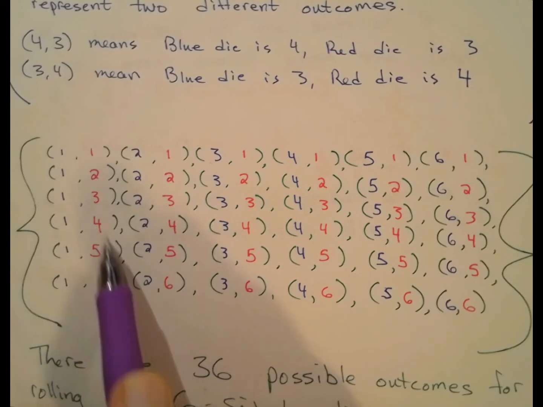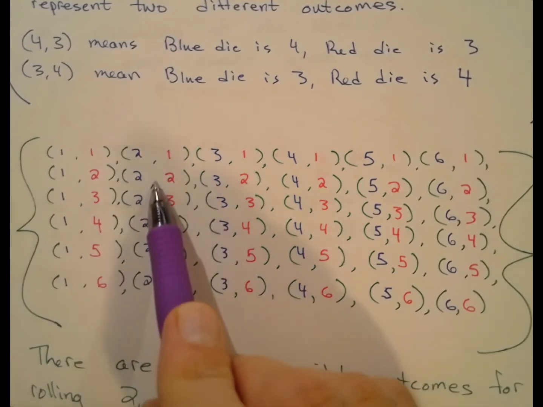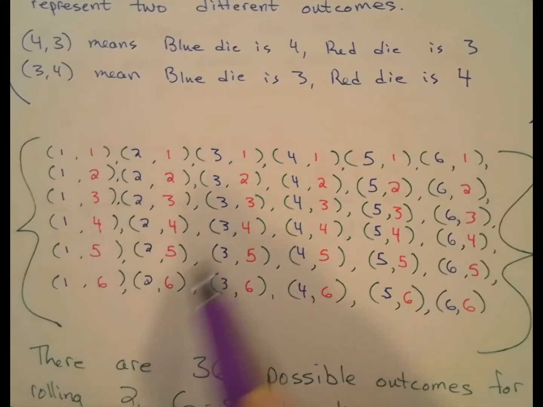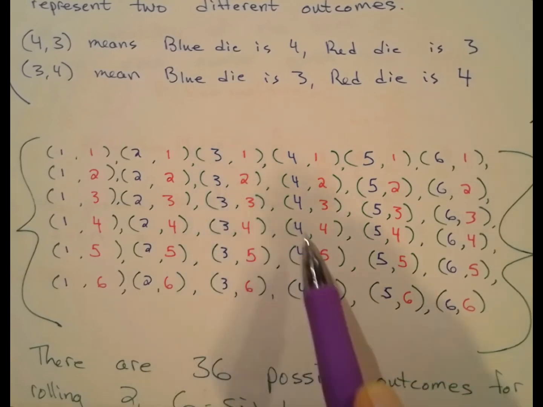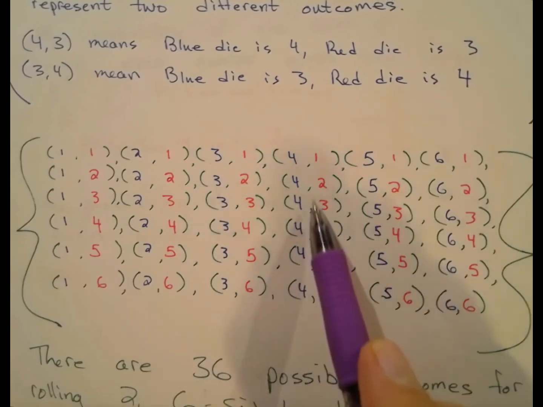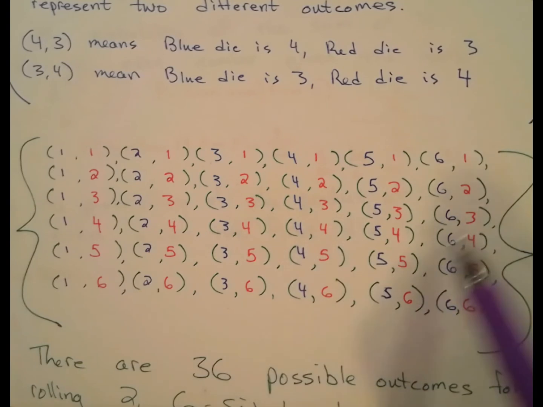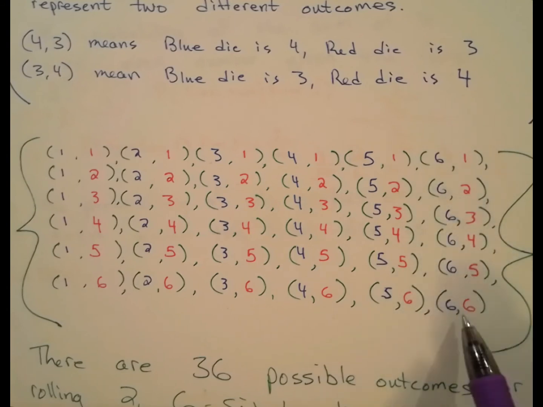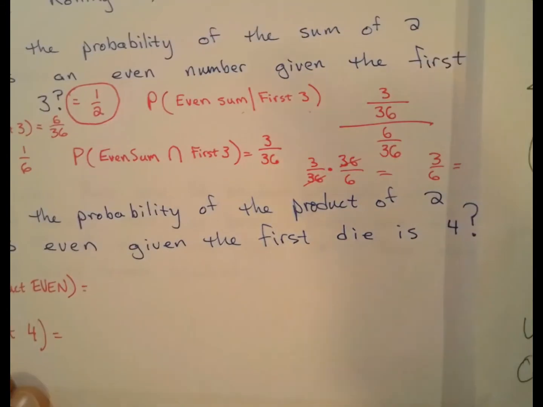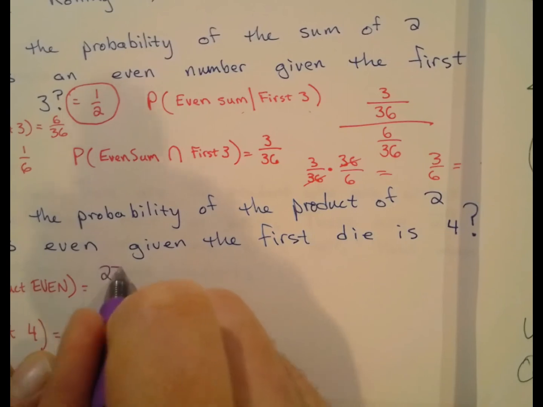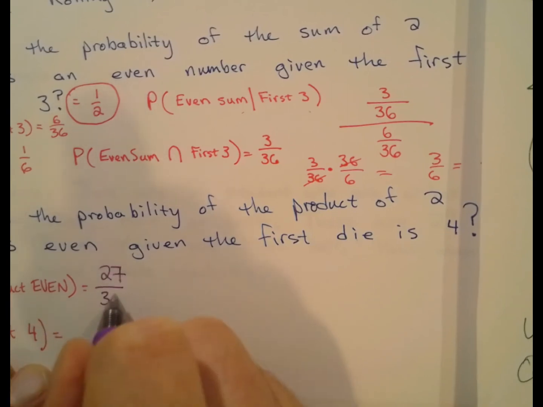Counting them up, there are 27 out of 36.